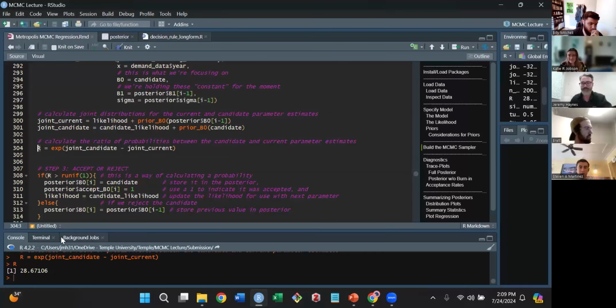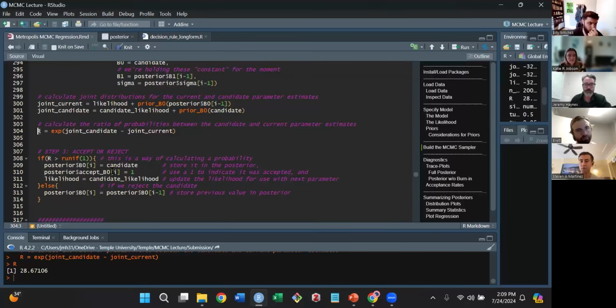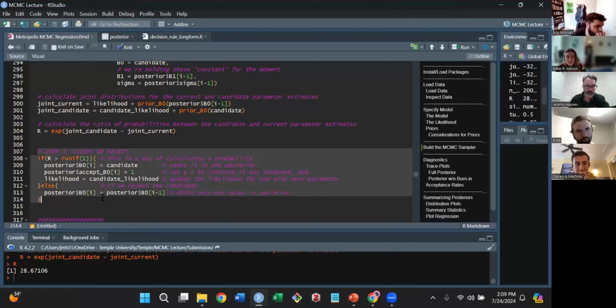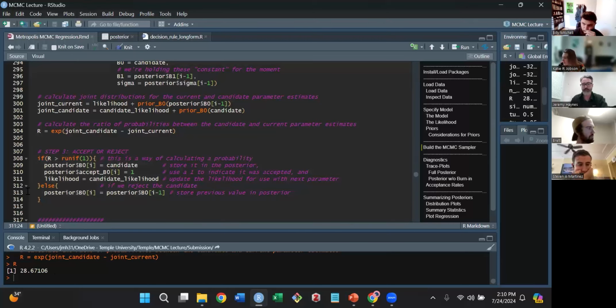It's going to be automatically accepted because it's greater than 1. And this is where the decision rule is. This is a very weird set of code, and this is the concise, short form of the code.